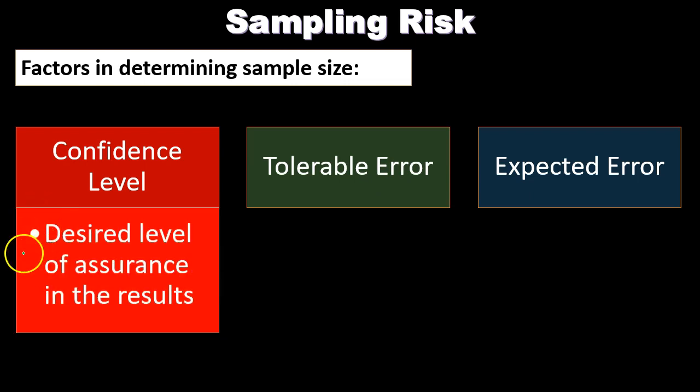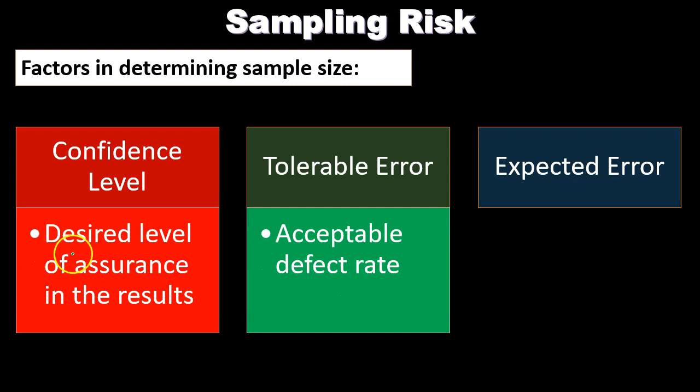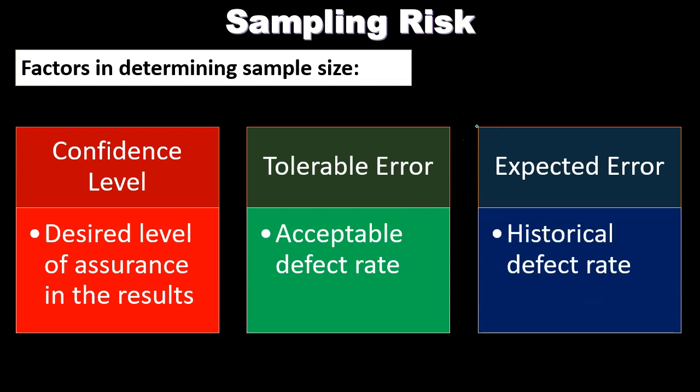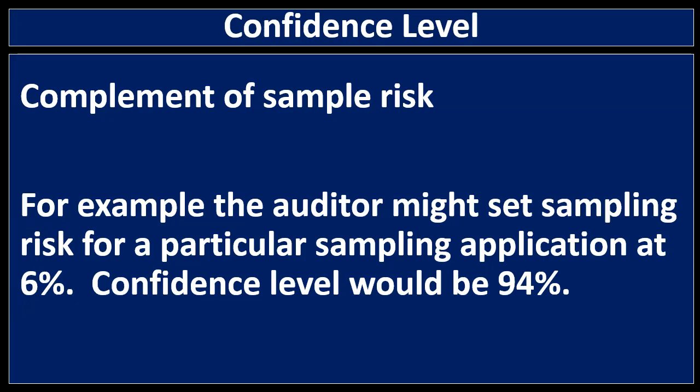The confidence level represents the desired level of assurance in the results. So in other words, what's the desired level of assurance that we need? The tolerable error is the acceptable defect rate. We'll get into a little more detail on these definitions shortly. And the expected error is the historical defect rate.